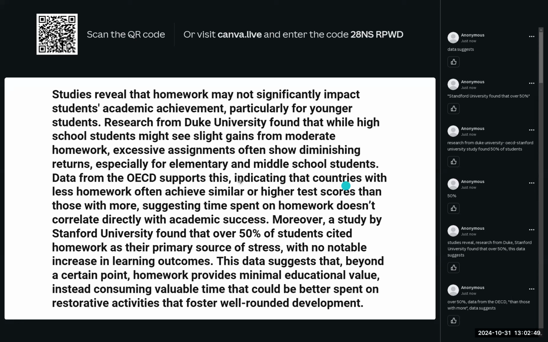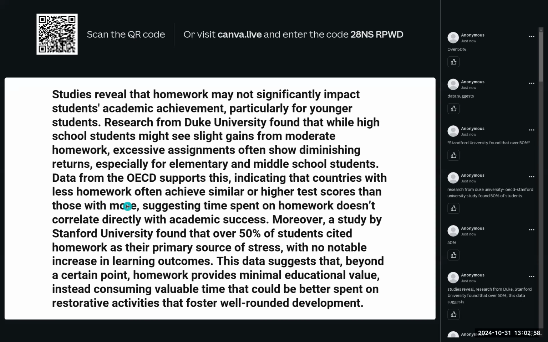Right here. This statement, countries with less homework often achieve similar or higher test scores than those with more homework. So this is logic. If countries give less homework, you're going to have either similar or better test scores than countries like the United States that give more. So we've got a logic statement here.